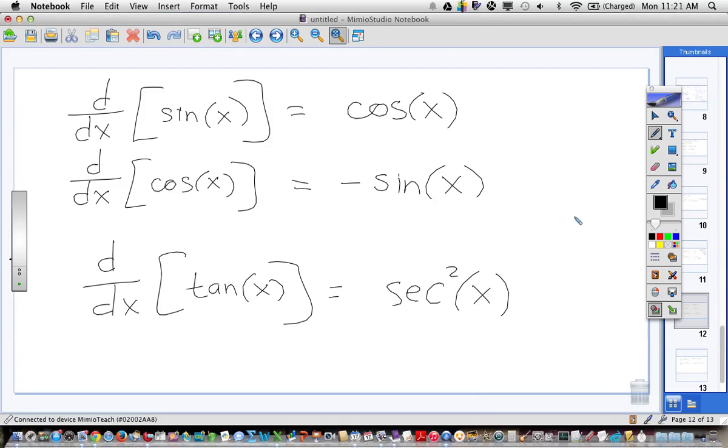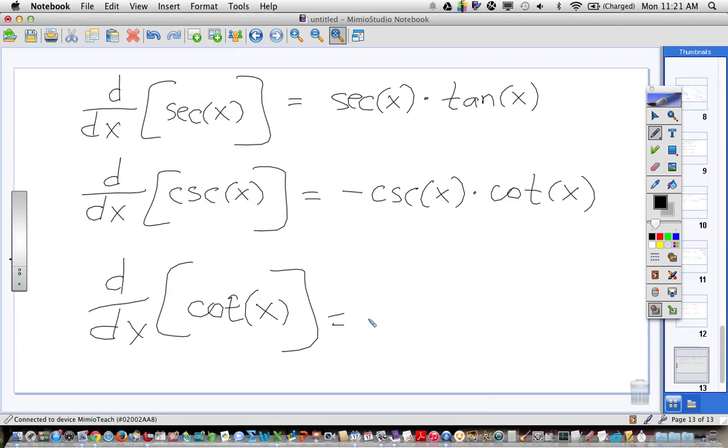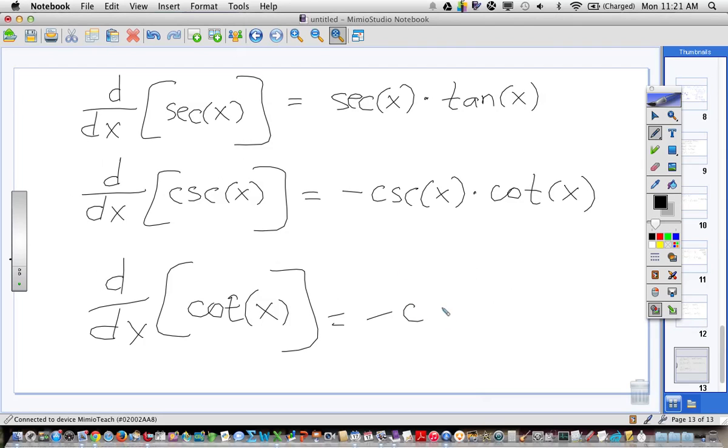And so you might be able to guess then, if the derivative of tangent is secant squared, what would be your guess as the derivative of cotangent? What do you think? Negative, no, cosecant squared.